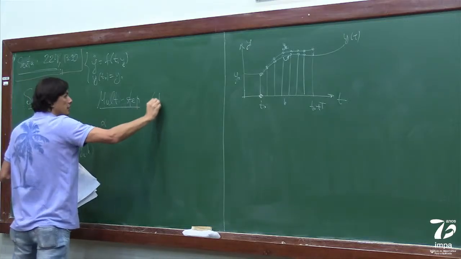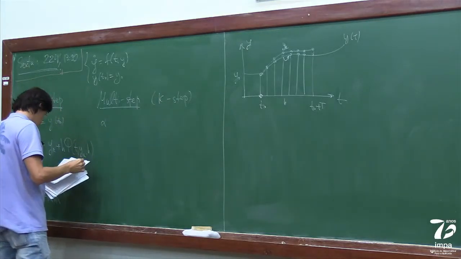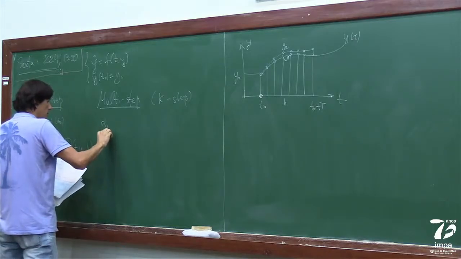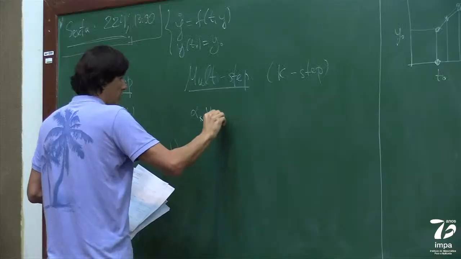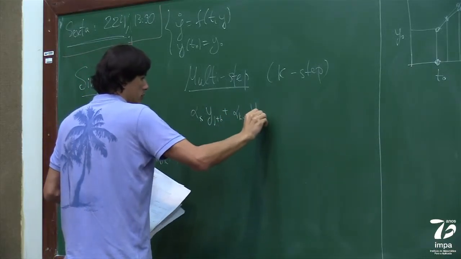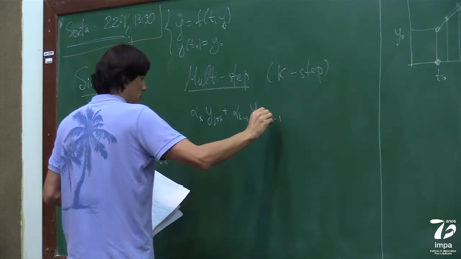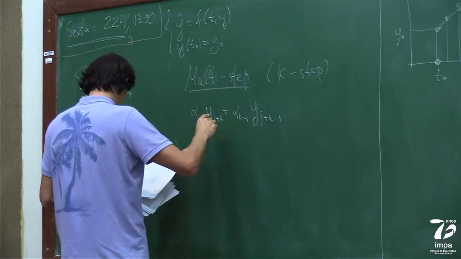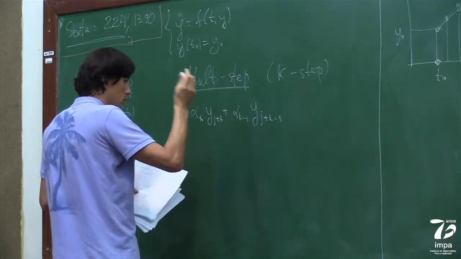It's a k-step method: alpha k y_{j+k} plus alpha_{k-1} y_{j+k-1} plus and so on.